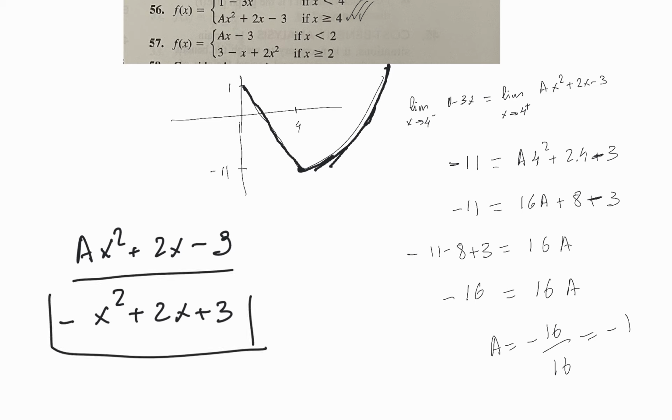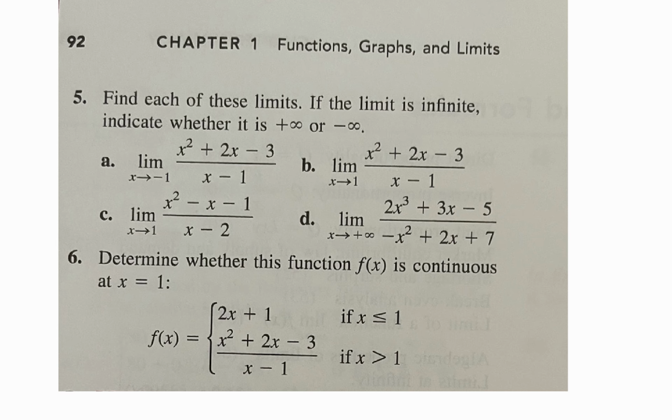So this is the solution. You can do problem 57, that is very similar. And let's see if there are more problems here. Find the limits when x tends to minus 1. Minus 1 minus 1 is minus 2.